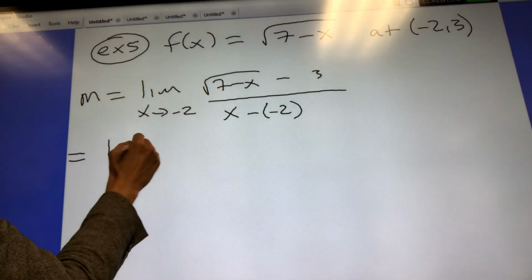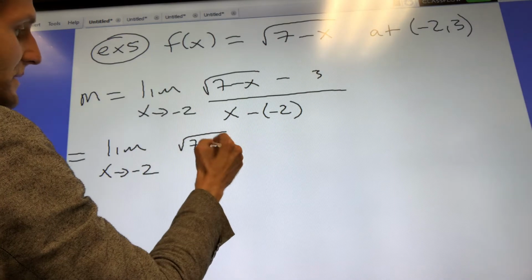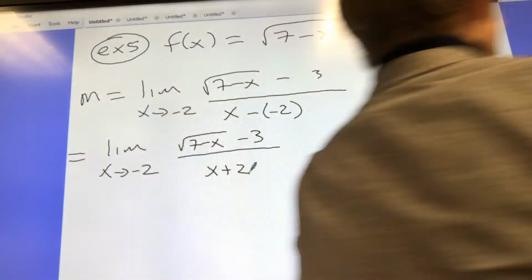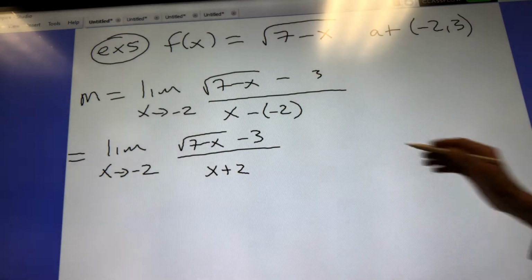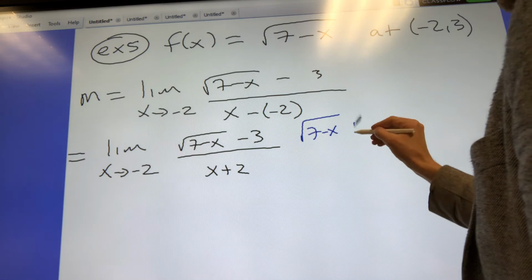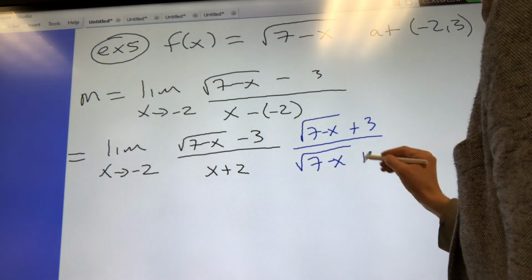So that's really the limit as x goes to negative 2 of root 7 minus x, minus 3. That's the numerator, all over x plus 2. I need to get rid of this root, so multiply by the conjugate. That is the same root, 7 minus x, but plus 3, over root 7 minus x plus 3.